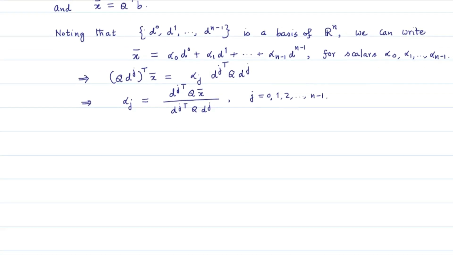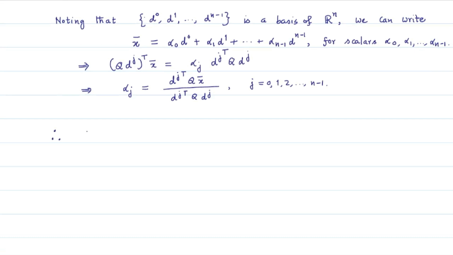And therefore the vector x bar is given by summation of alpha i di, i is ranging from 0 to n minus 1, is equal to summation over i equals 0 to n minus 1.